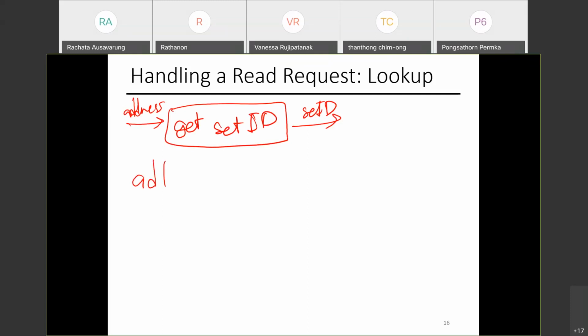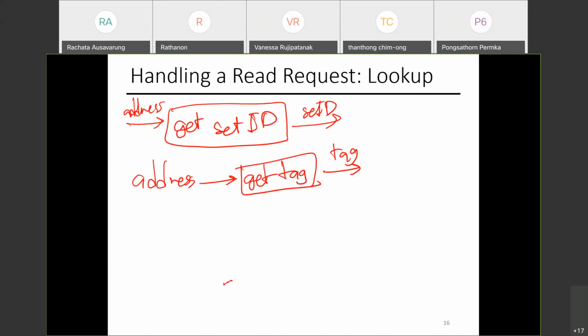Another function: you have the address, get the tag. Assume everything here is a physical address. Just don't bring virtual memory into play here. Just assume that address is the only thing you have. Any questions about the two functions here? You need to figure out what's my set ID and what's the tag.